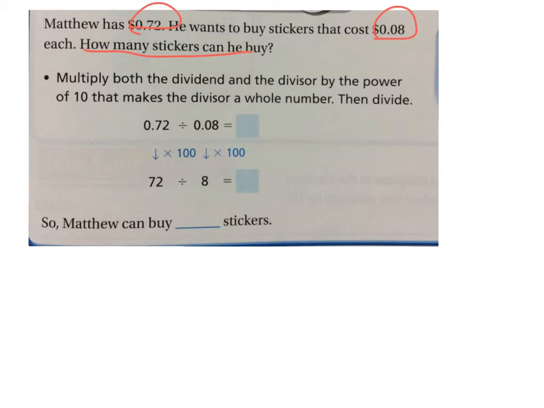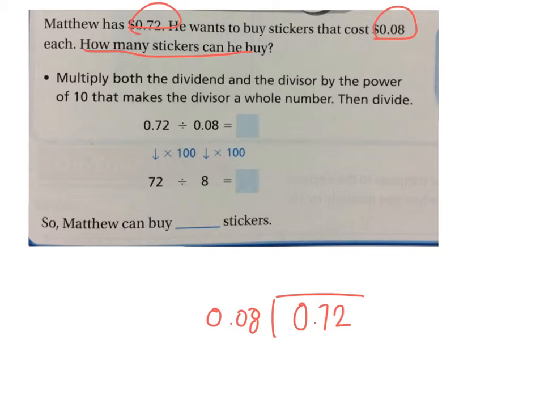Would I do addition, subtraction, multiplication, or division? And what division equation would I do? Okay, I would do 72 cents divided by 8 cents to find out how many groups of 8 cents there are in 72 cents, or to find out how many stickers Matthew can buy altogether.